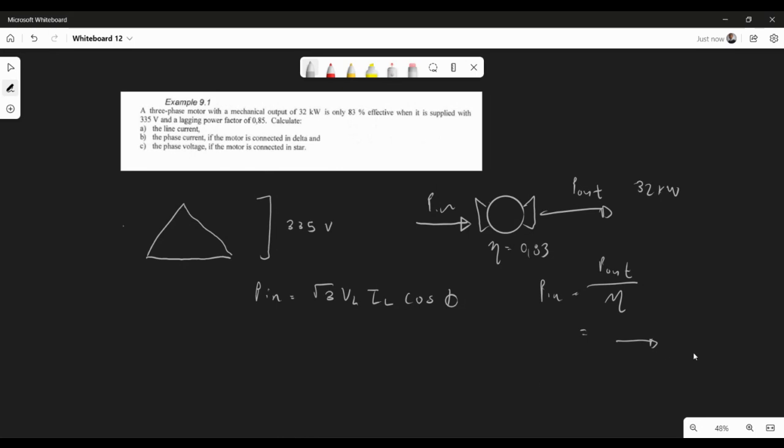All right, so that's around 38. It should be higher than P out, not way higher, but higher. It's around 38.554. Yeah, let's just call it 38.55.